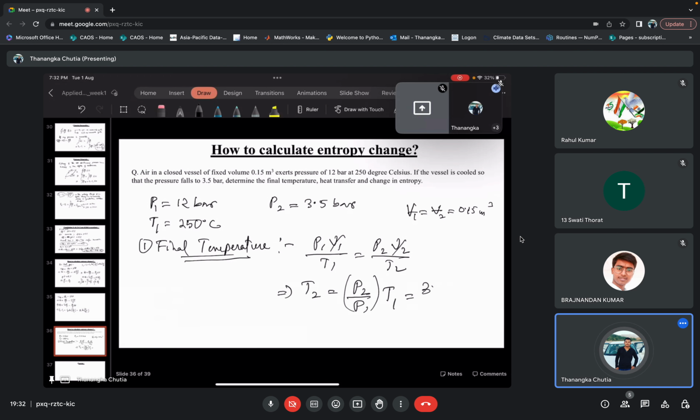P2 is 3.5 and P1 is 12, times T1, which is 250 plus 273. Did you get the answer? It will be around 152.5 Kelvin.